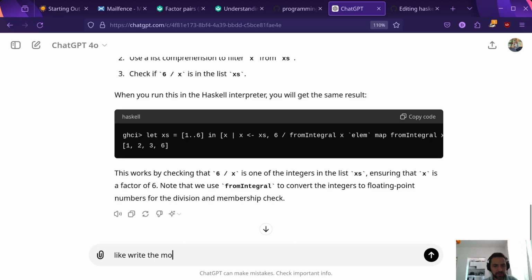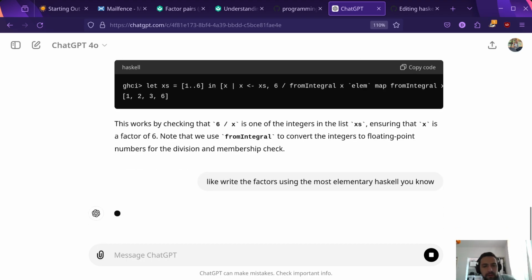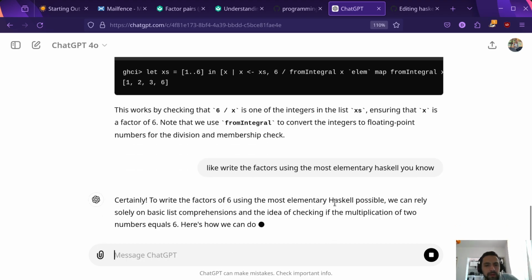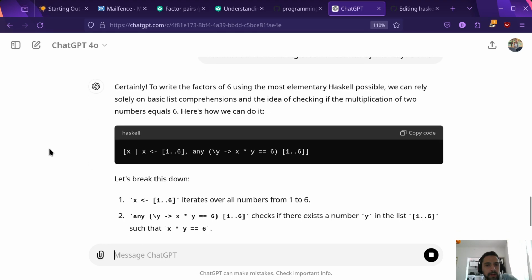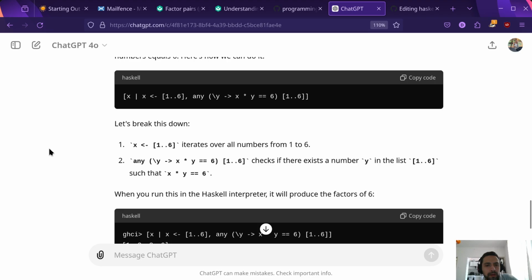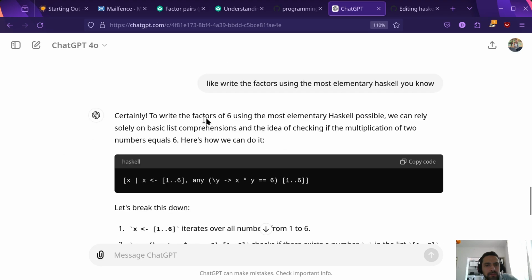Write the factors of 6 using the most elementary Haskell possible.